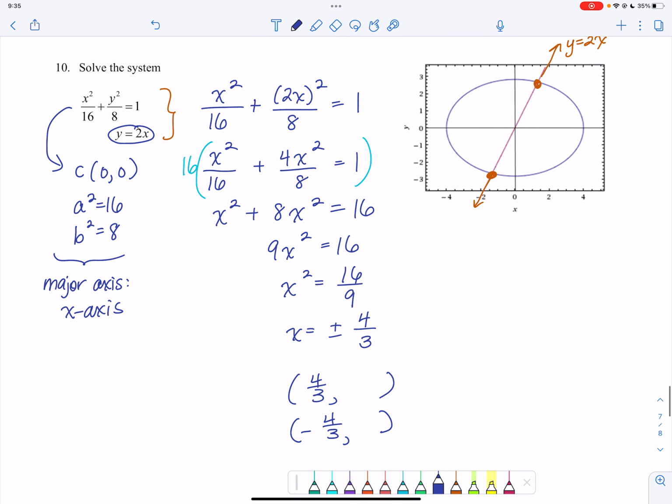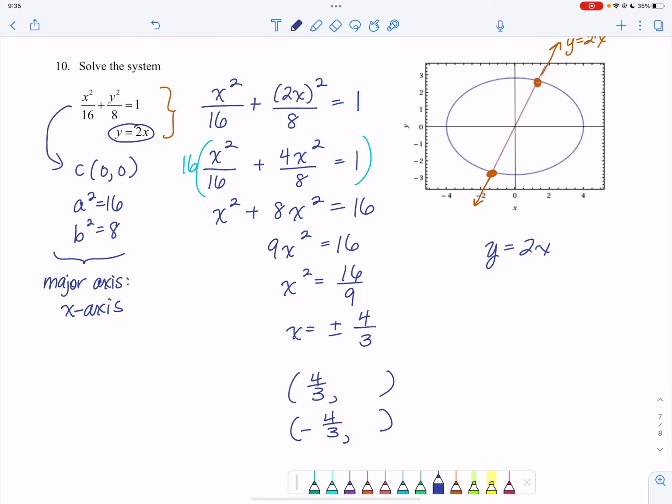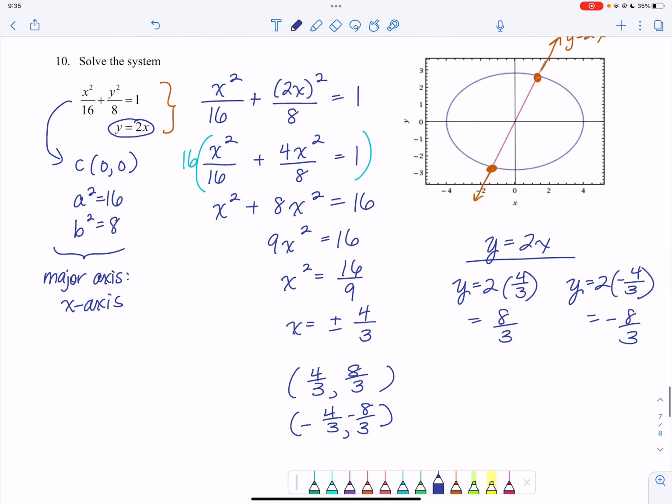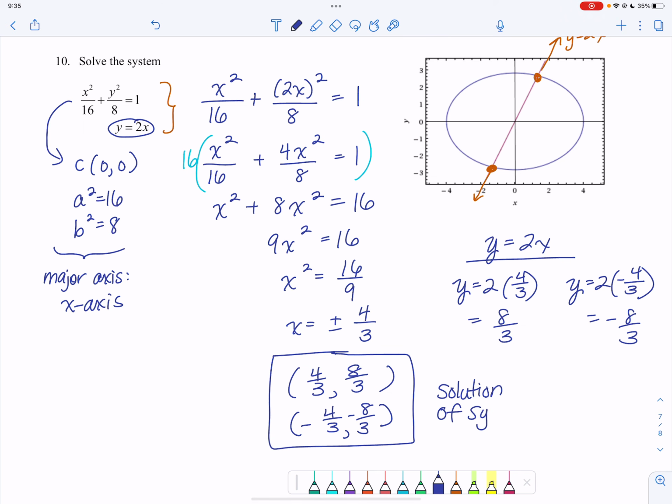So now we have to go ahead and use y equal to 2x, and we need to find the y value when x is 4/3, and then we have to find the y value when x is negative 4/3. So we have 4/3, 8/3, and negative 4/3, negative 8/3. And that is the solution to the system. And that concludes this section.